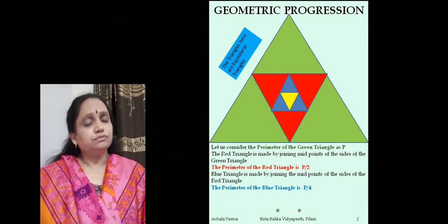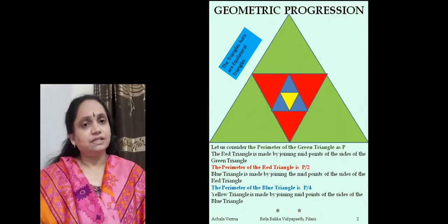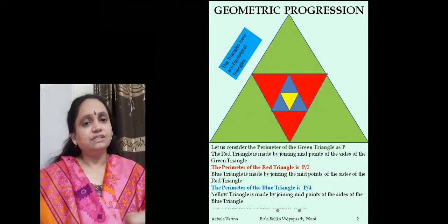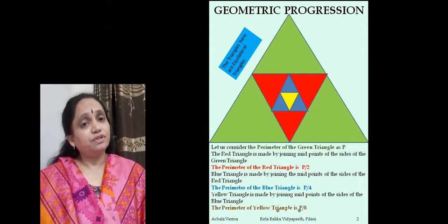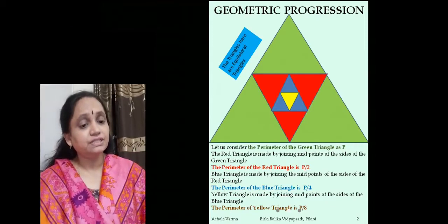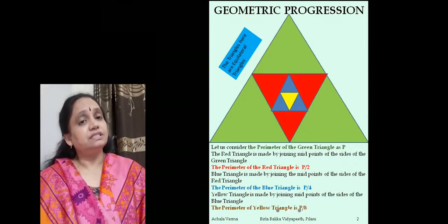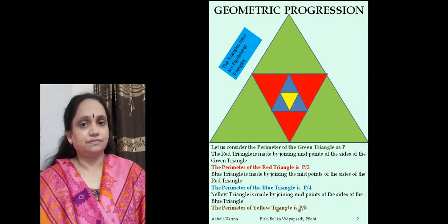If we continue joining midpoints of the sides of the triangle that we get, we would get another triangle, the perimeter of which would be half of the perimeter of the blue triangle, and in turn this yellow triangle would have the perimeter 1/8 of the perimeter of the green triangle.